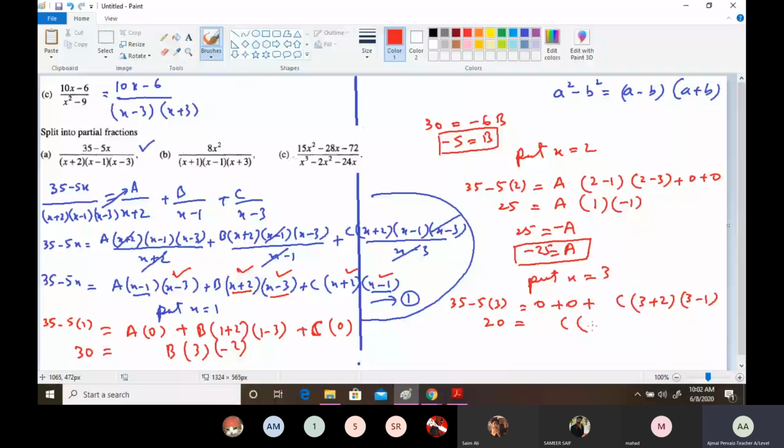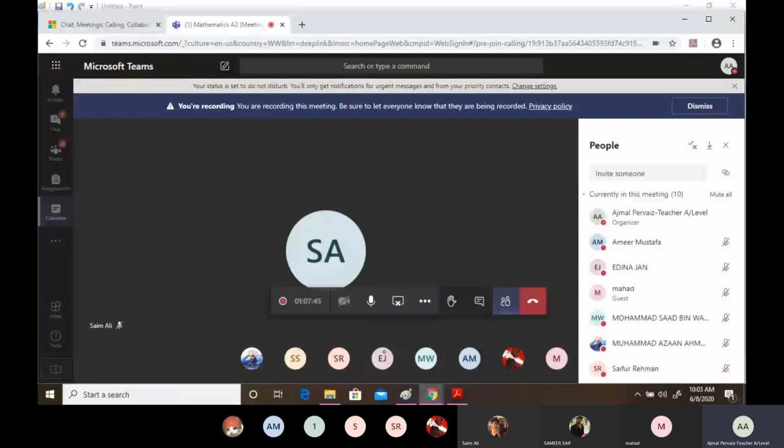So c is going to be 2 from here, right? Is it clear, bete? Mahad? Yes sir. That's great. If you are confused, you may ask for it again. The rest of the people, if you are confused, you may ask for it, bete.